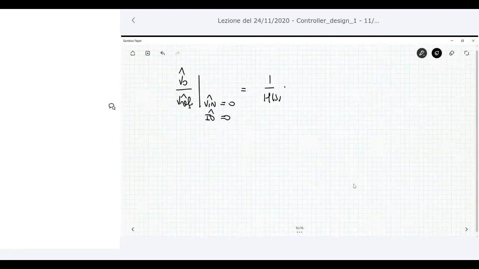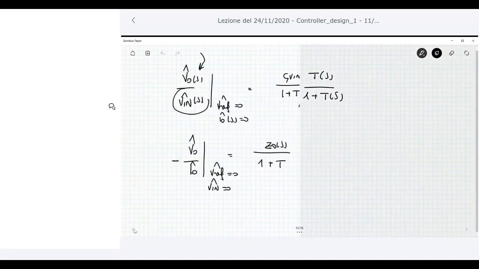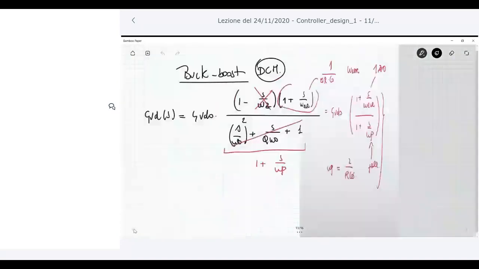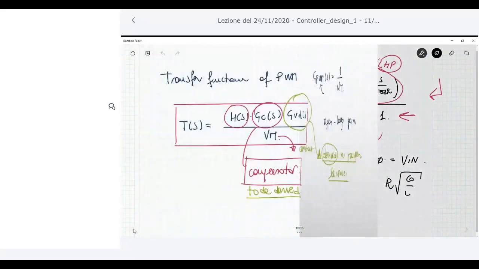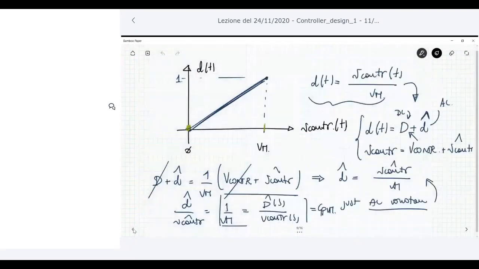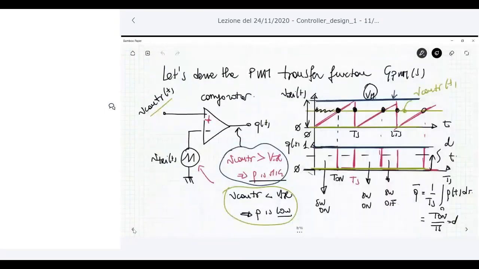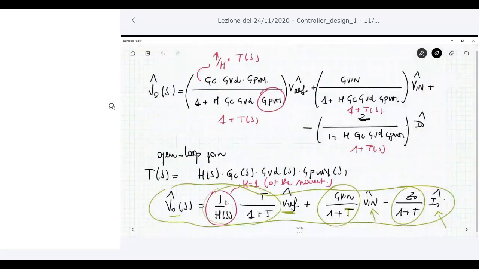This is 1 over h multiplied by T over 1 plus T. This is exactly what we derived before. Let me check. Here, it is this contribution, V naught over Vref.